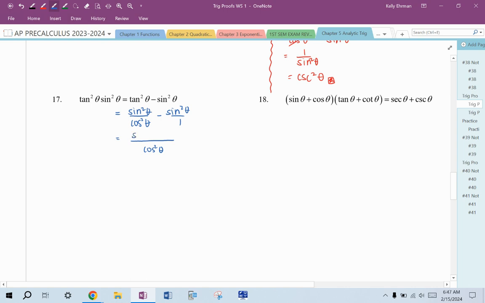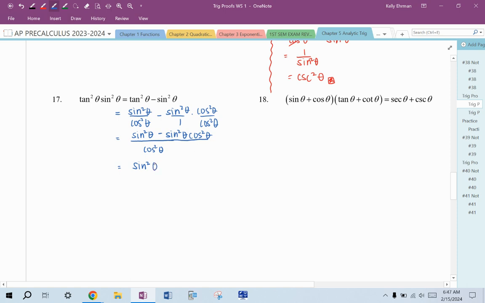The first fraction already has it, so I just write down sine squared. The second fraction would have to get multiplied by cosine squared over cosine squared. So that becomes minus sine squared theta cosine squared theta. So they're both over cosine squared. And we used this a little bit earlier, a couple problems ago. Notice that you can factor out a sine squared from the numerator.